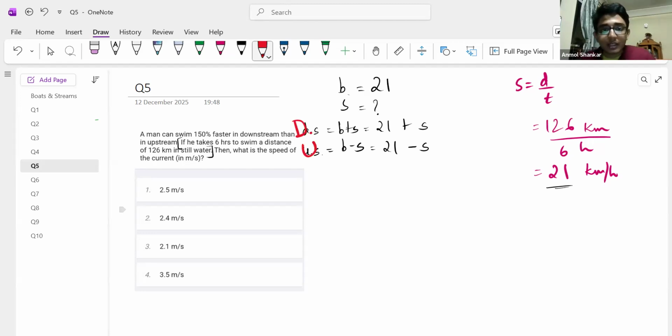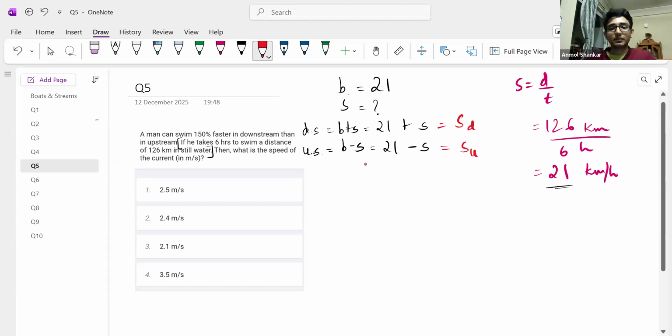Okay, let us be more formal. இது வந்து let me call it SD, இது downstream speed, SU upstream speed. Okay, SD and SU. So SD வந்து 150% faster than SU.